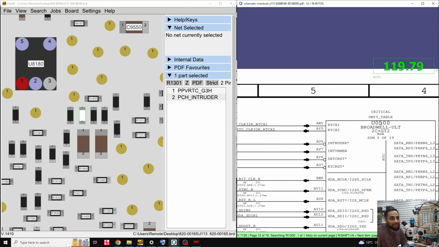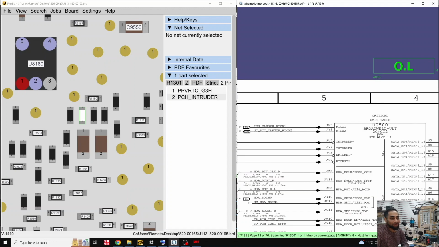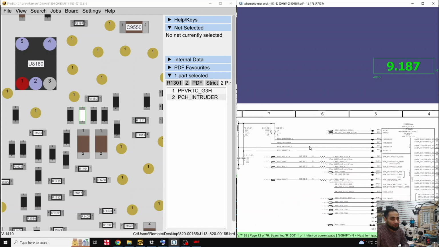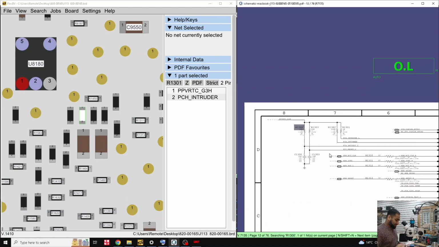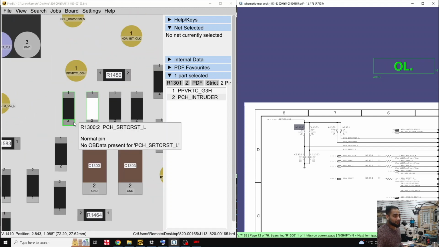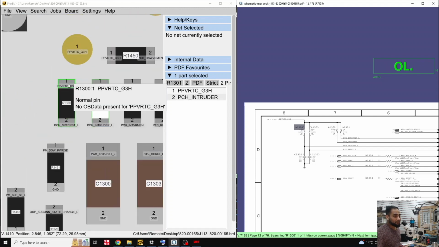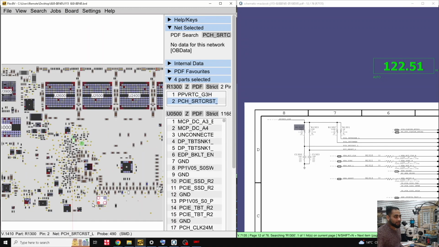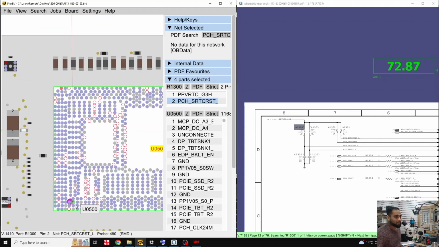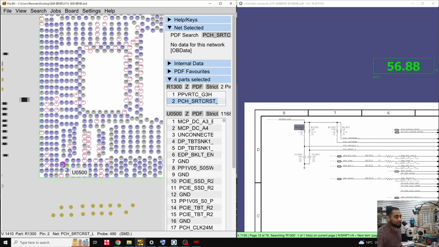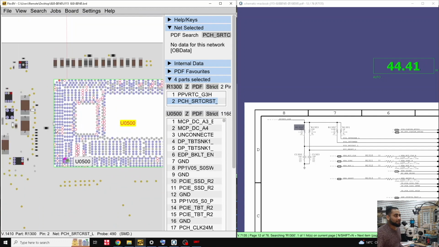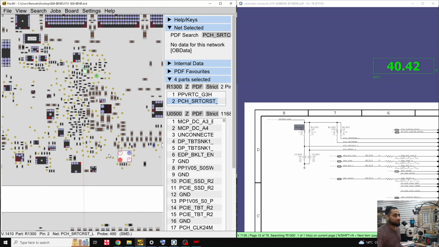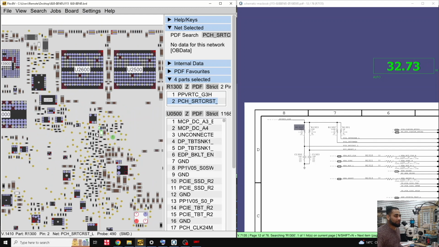You can see this is the U050 Broadwell ULT. After this resistor, pin number 1 is the 3.3 volt, but pin number 2 is probably going right into the CPU. If this area is shorted, then this video has no happy endings.